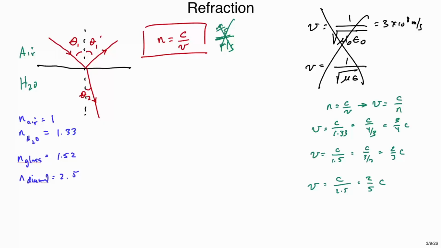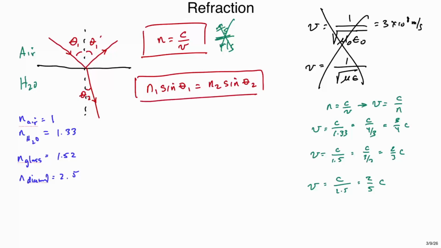It's all governed by a law called Snell's law, S-N-E-L-L. That guy was never made fun of in kindergarten, was he? This relationship has the index of refraction of both materials.